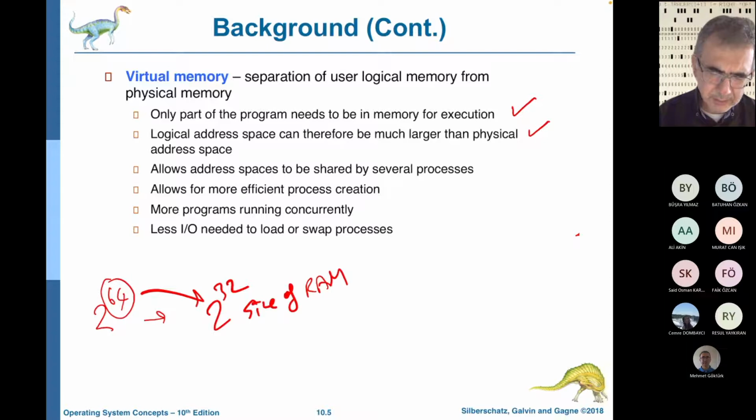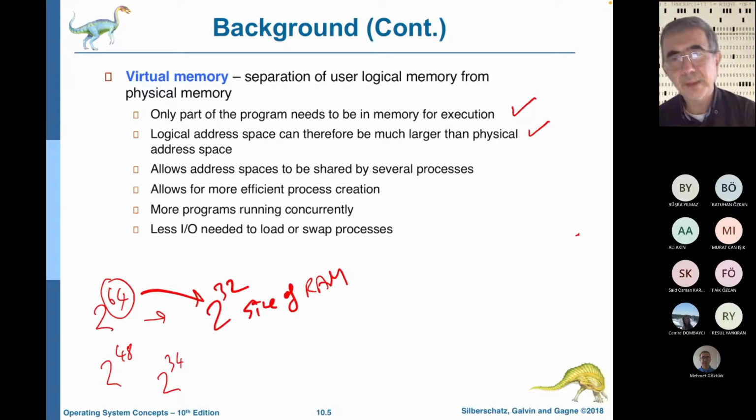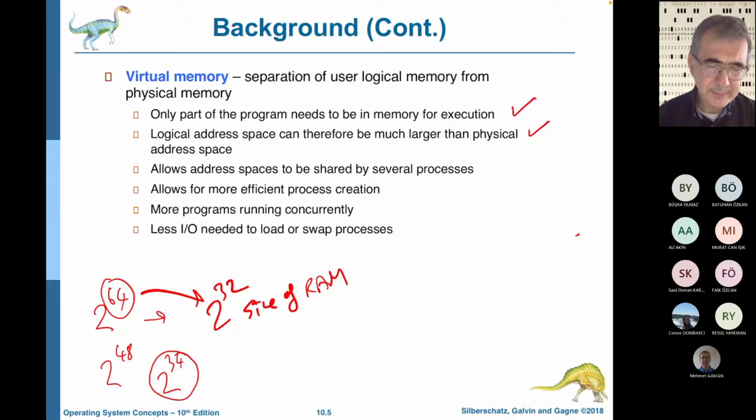So what they do is store 2 to the 48, maybe 2 to the 34, of this amount of information on the hard drive as the virtual memory, and copy and activate 2 to the 32 of it on random access memory, which is fast memory.